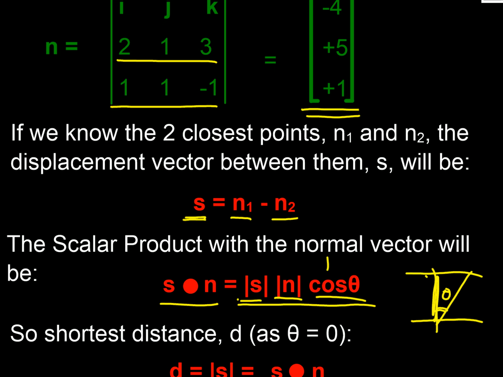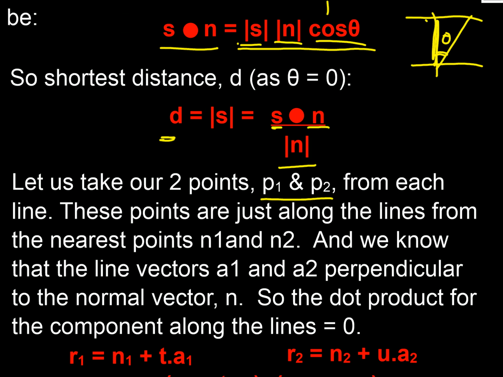But the important thing is that if I went along the line from P1 to the closest point N1, all I've done is go along this line, some multiple of the A vector. And the A vector is normal to the N vector, so the dot product of those is always going to be 0.